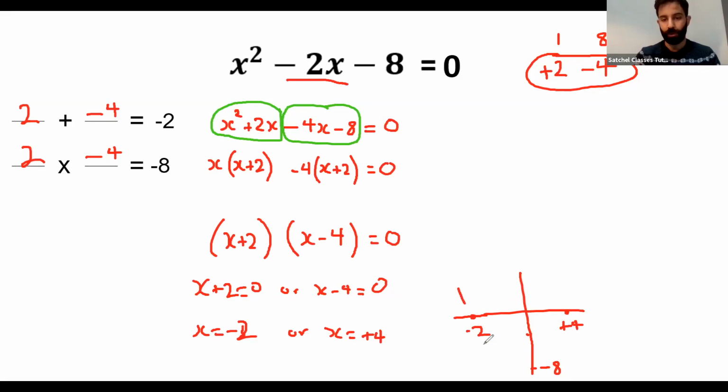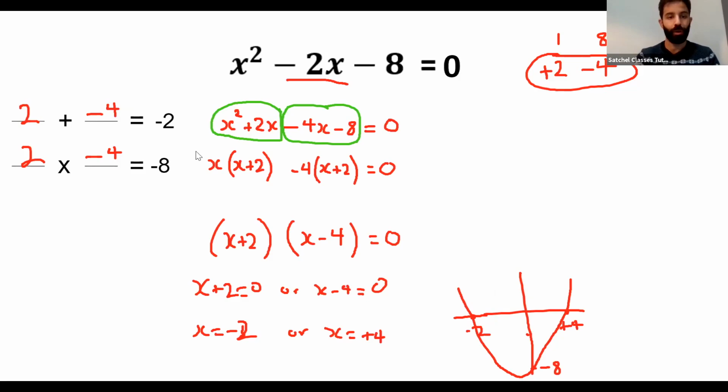So if we were to draw our graph, it would look something like this, intersecting at negative 8 on the y-axis and positive 4 on the x-axis. Again, this is a rough sketch, it's not drawn to scale, so please don't take too much notice of that. If you go on Geogebra, you will be able to see the accurate sketch of this graph.